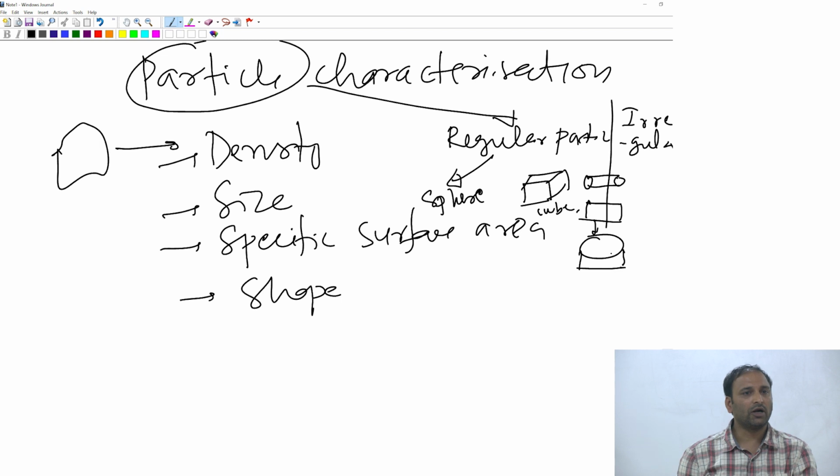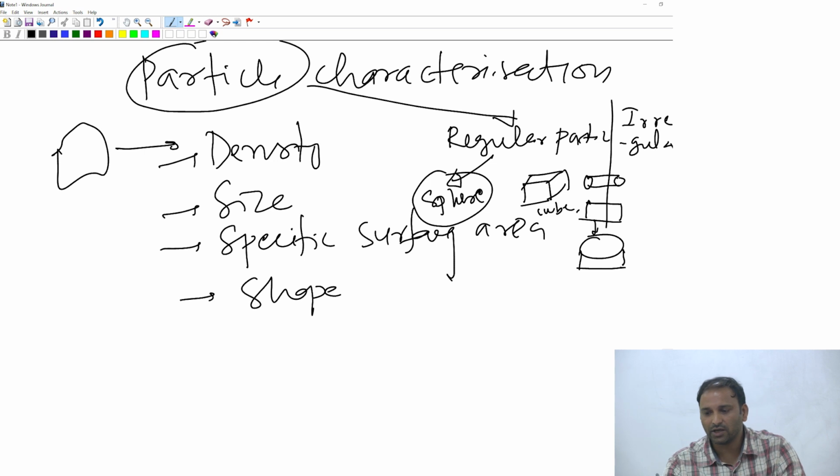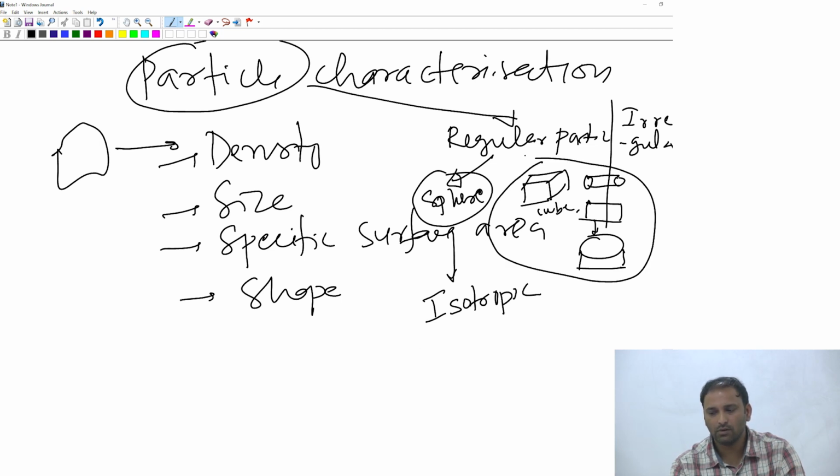So when people work with particles, the particles can be what are called regular particles. By regular particles, we mean we know something about the shape of the particles. In the regular particles, a spherical particle is an example of an isotropic particle. All the other things that I have drawn here are examples of anisotropic particles.